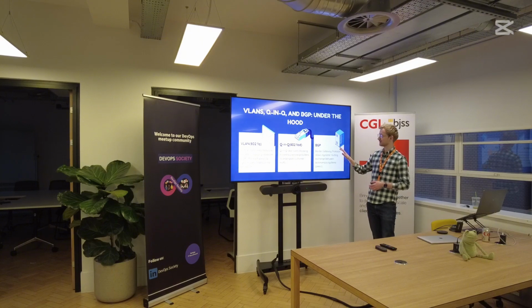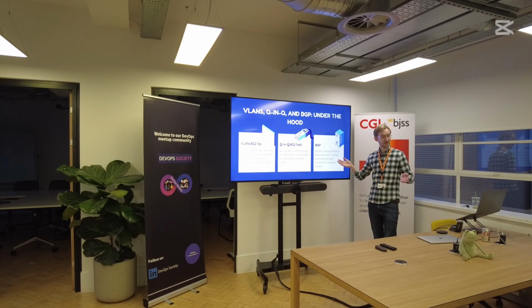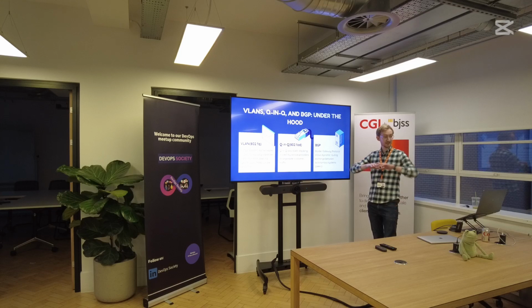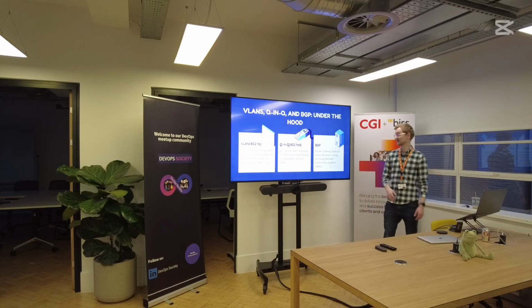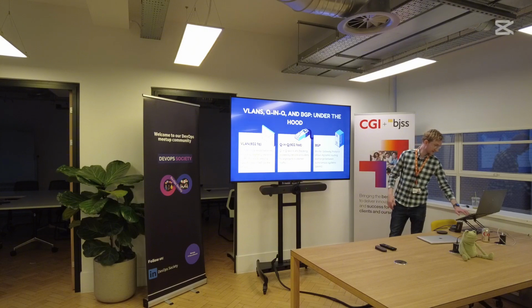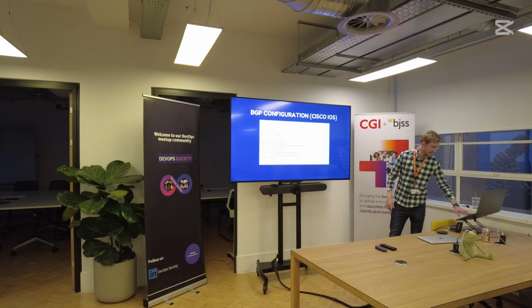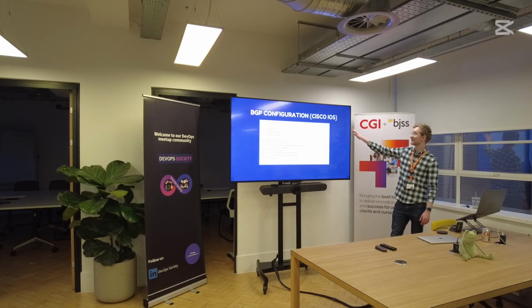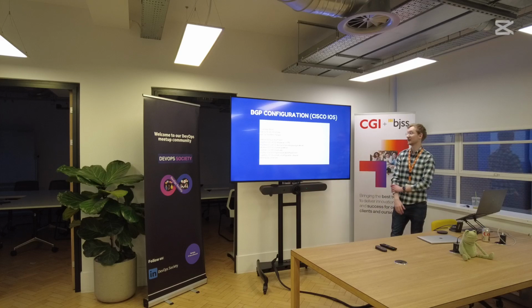That was because one of the network engineers misconfigured BGP on one of the routers, and it started propagating the routes. So Facebook just went down all over the world. And that was because all the routes were not propagating down to all these other routers across the mesh or the fabric. So yeah, that's that. And that's how a BGP configuration will look like on a Cisco router.